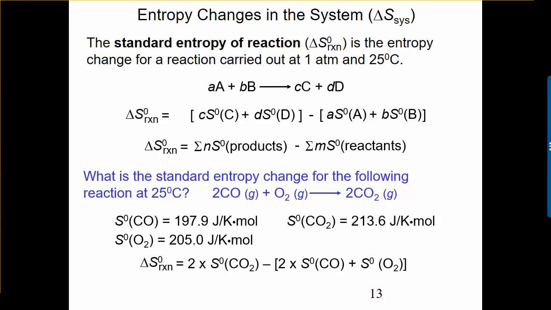So 213.6 times 2 goes here, minus 2 times that of carbon monoxide, which is 197.9, plus 205.0 for this term. Then it's products minus the reactants.